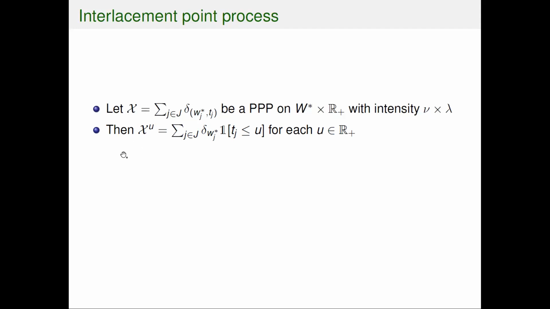You get back this Poisson point process at level u. So in some sense, this labeled interlacement point process is the mother of all of those processes that we have. You can obtain each and every one of those if you restrict the set of labels. And this Poisson point process on the set of labeled doubly infinite trajectories modulo time shift, this is what we call the interlacement point process.